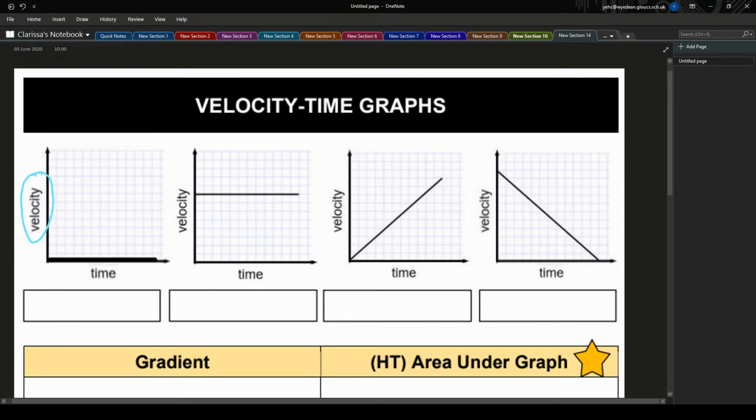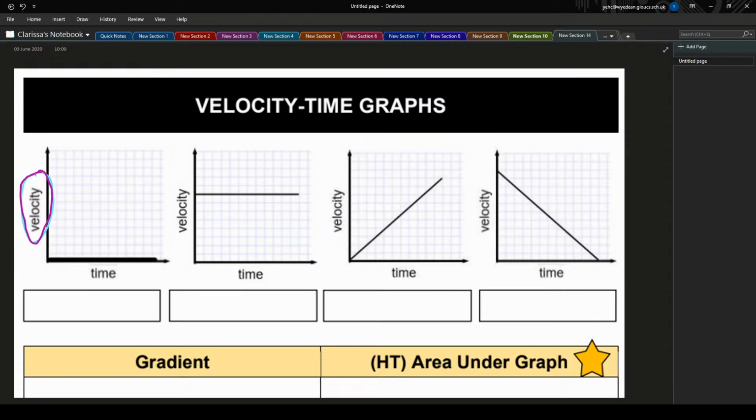Some students see a motion graph and analyze it like it's a distance time graph when it's actually a velocity time graph, or analyze it like it's a velocity time graph when it's actually a distance time graph. So you really have to look at whether the y-axis is velocity or distance, and then from there do your analysis.